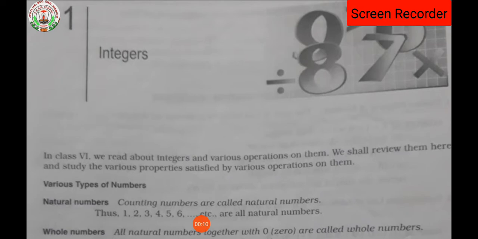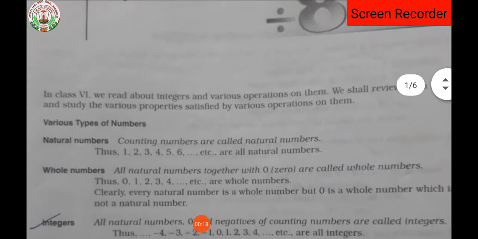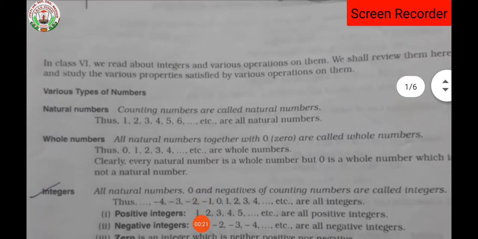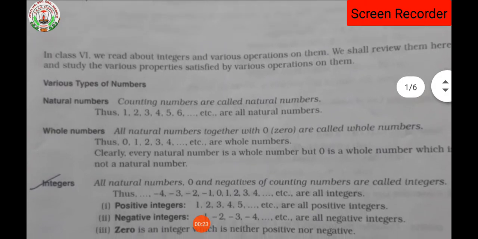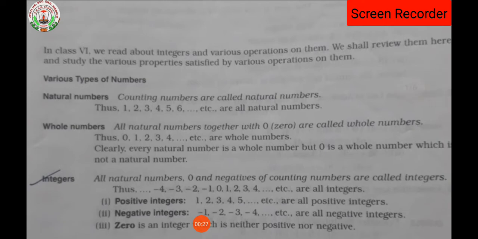In the previous video we had already started chapter number 1, that is integers. Just within 5-6 seconds we are recalling the definition of integer. What do you mean by integer? Integer is a combination of positive and negative numbers along with 0. This is a simple definition of integer.